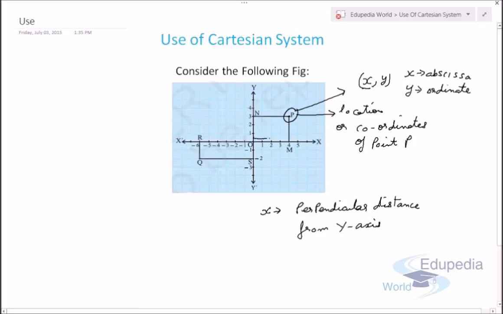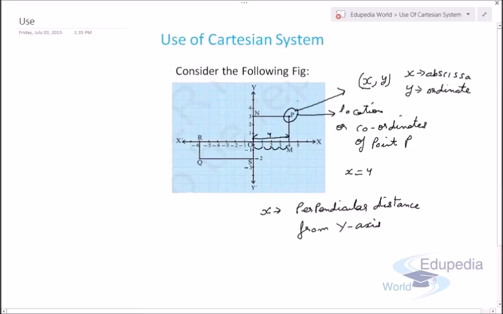See, this line represents the perpendicular distance. From 0, this point, to this point is 4 units: 1 unit, second unit, third unit, and fourth unit. So the distance is 4, so we get x as 4.